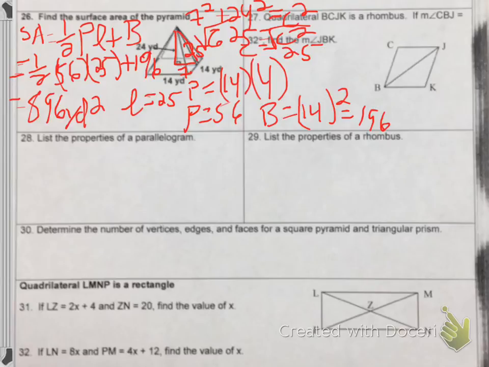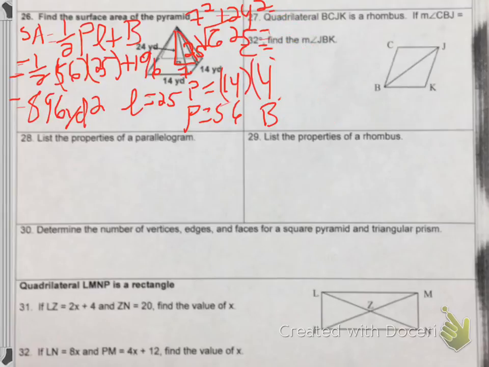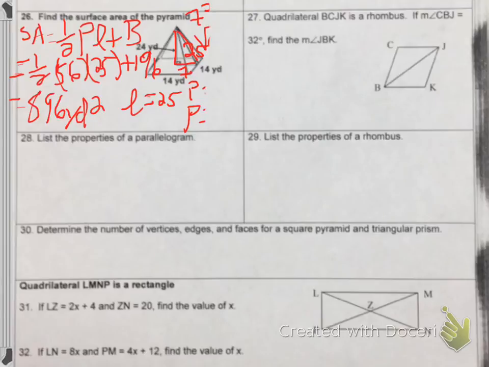Okay, next one, I'm going to erase a little bit of this. That way it doesn't get all mixed into the next problem. Right now they say quadrilateral BCJK is a rhombus. If the measure of angle CBJ is equal to 32, then what is JBK?